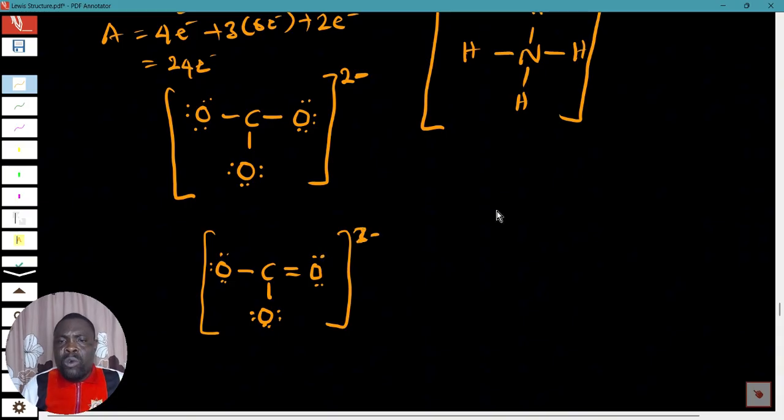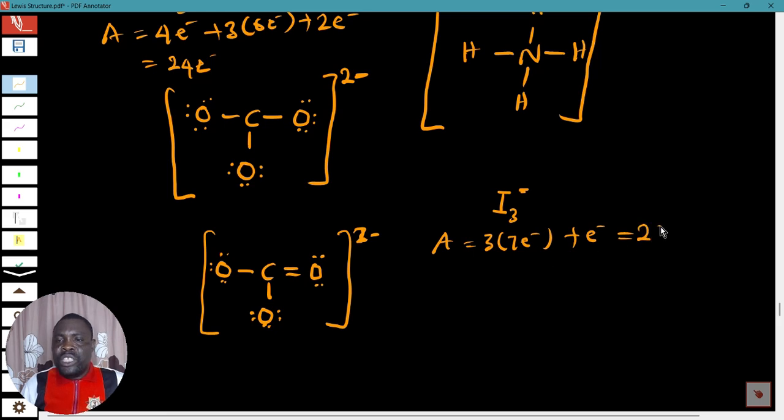Now one more example, and that is what? I3 minus. Now the available electrons will be 3 times 7 electrons plus the 1 electron, because of the -1, that means an extra 1 electron is gained.